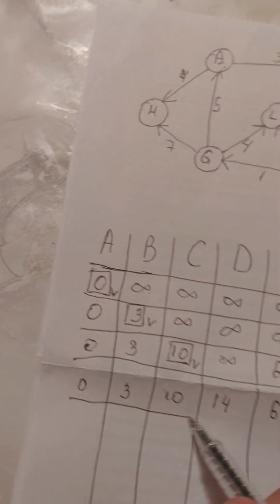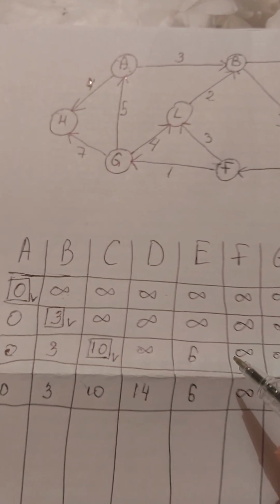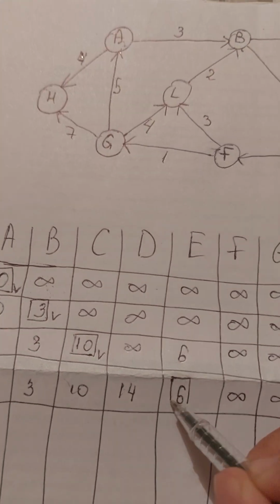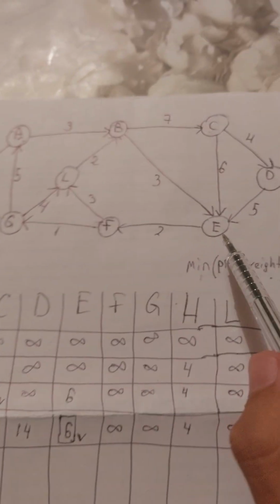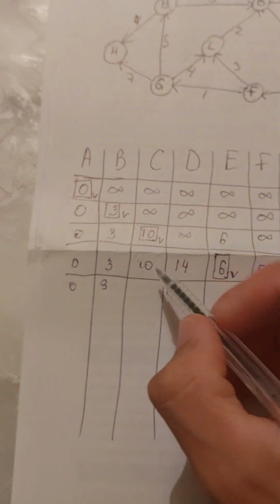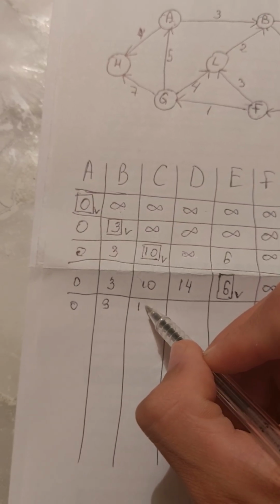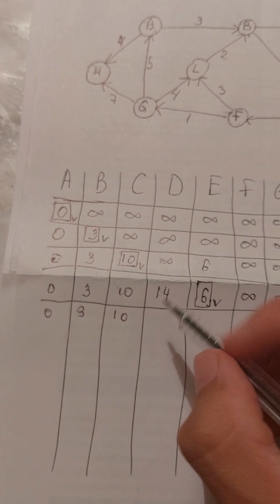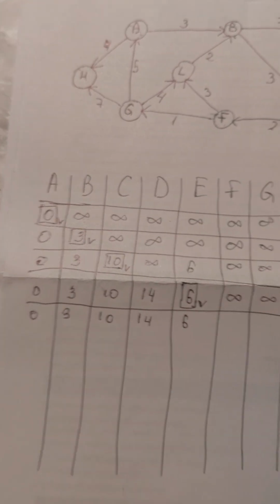Okay, next one, let's keep E as previous. So we have to check. From E we have only one path, it's to F. We keep 3, 10, 14, 6.